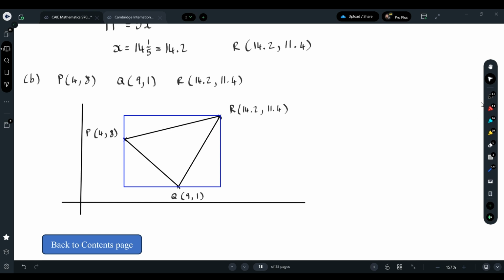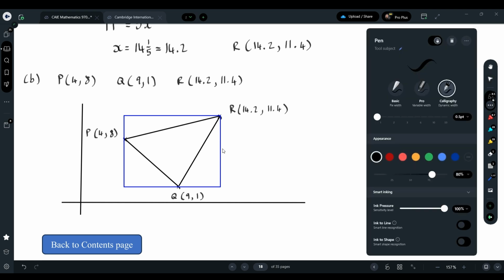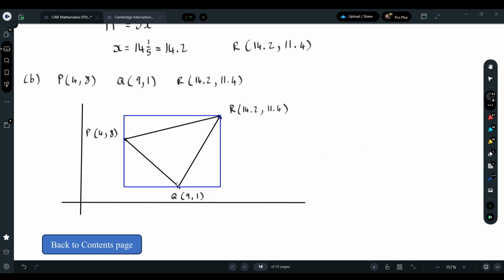Now let's label the corners of this rectangle. Let's call it A, B, R, C.